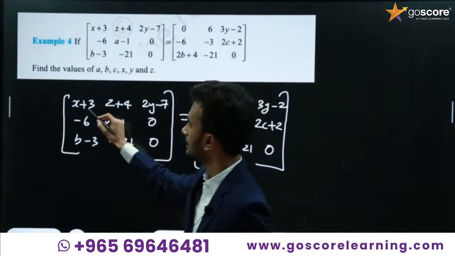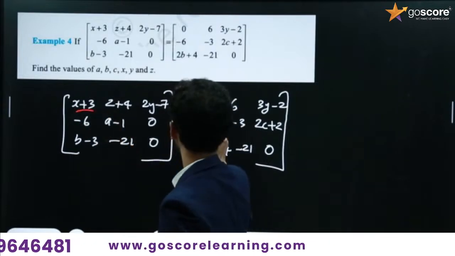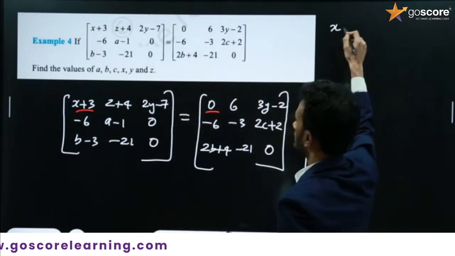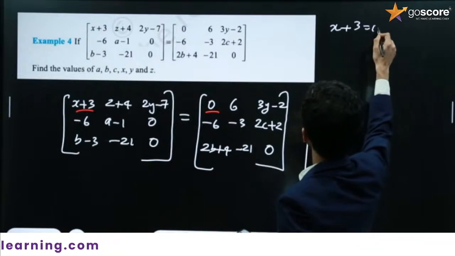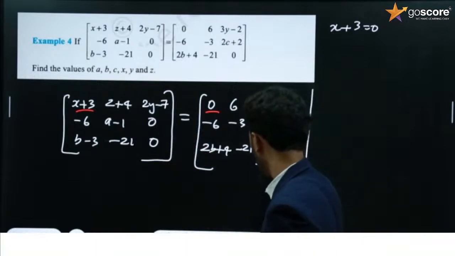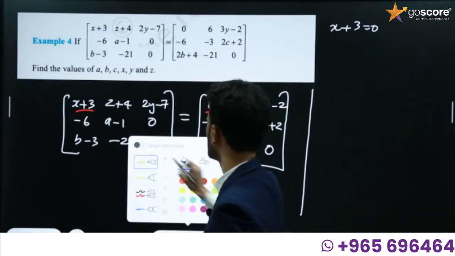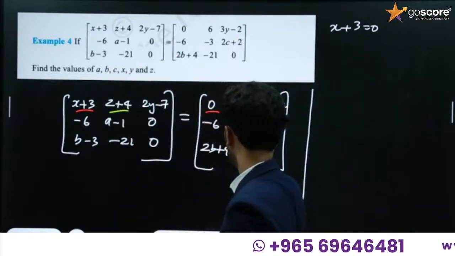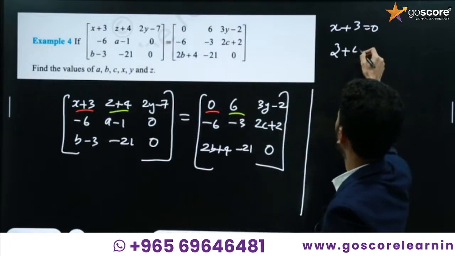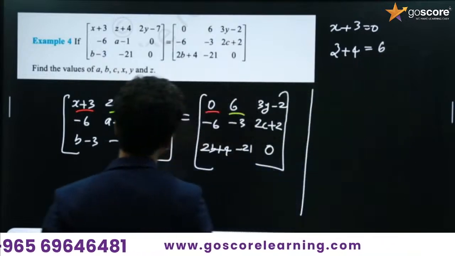If they are equal, each element is equal to the corresponding element. That means first, x plus 3 is equal to 0. Second, z plus 4 is equal to 6, the second element equal to the corresponding element of the other matrix.